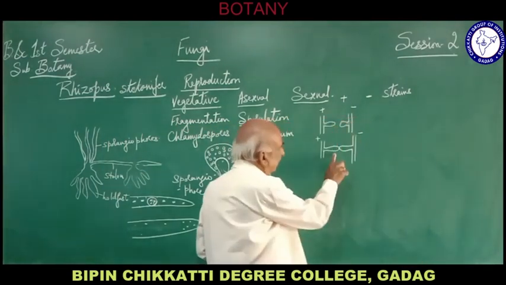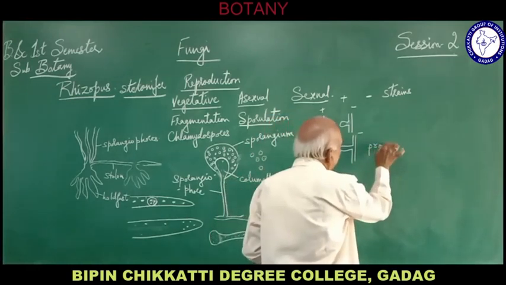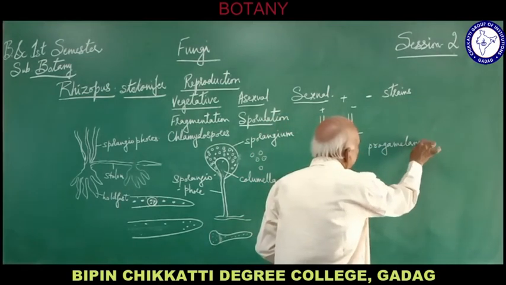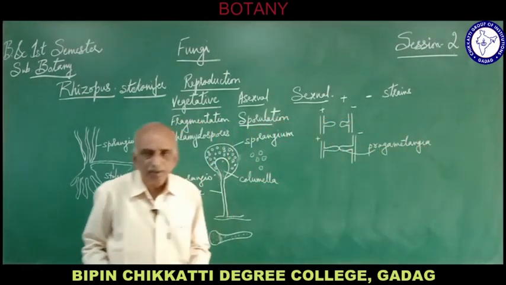These branches which come in contact with each other are called progametangia.